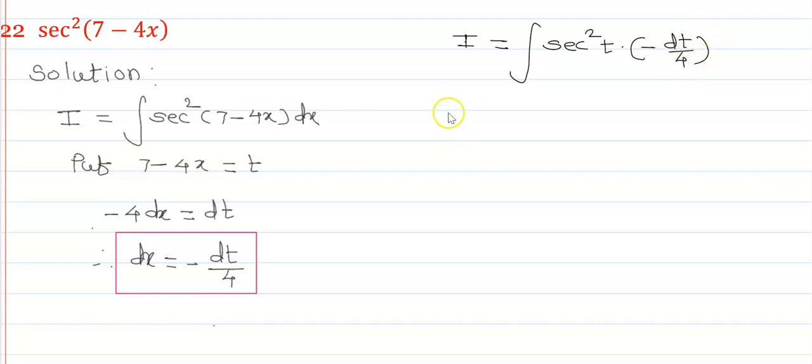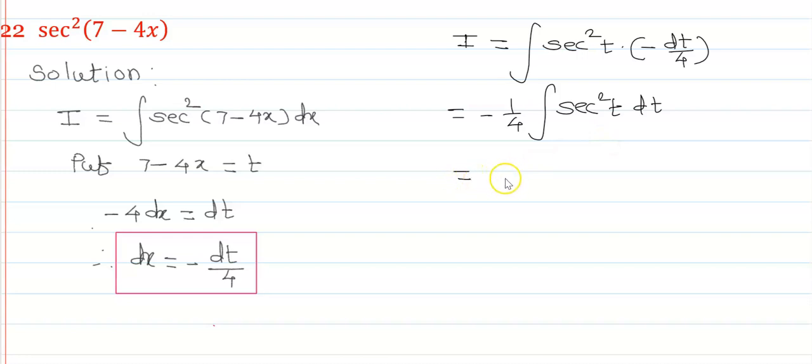So minus 1 by 4 integral of sec square t into dt.